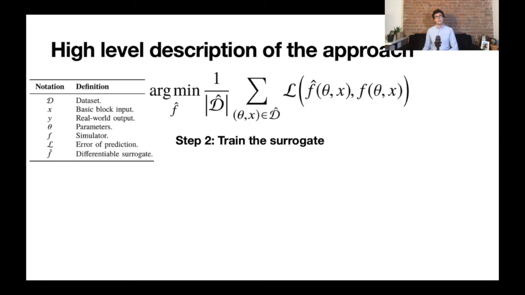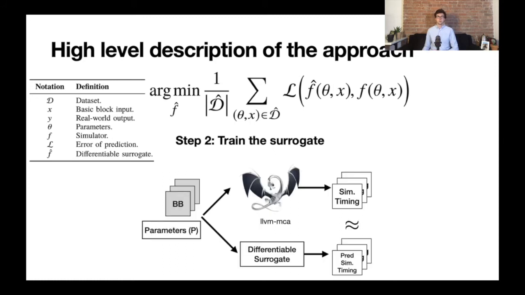We do this by iteratively sampling basic blocks from the source dataset, sampling a parameter table from some predefined parameter table sampling distribution, and then getting LVMMCA's prediction on that basic block when it's instantiated with the given parameter table, and then optimizing the differentiable surrogate with just standard gradient descent to mimic the behavior of the simulator. The output of the step is a differentiable surrogate such that when given an input basic block and parameter table, it can produce the same output that LVMMCA would produce on that basic block when instantiated with the given parameter table.